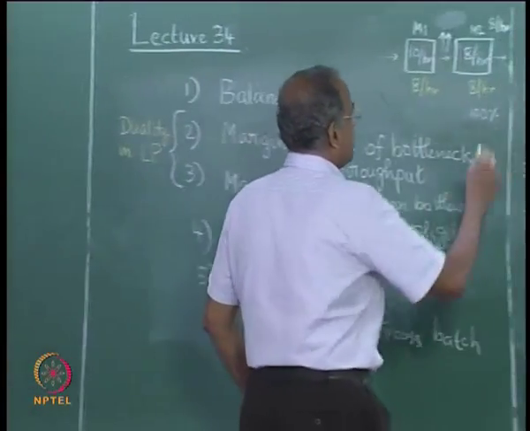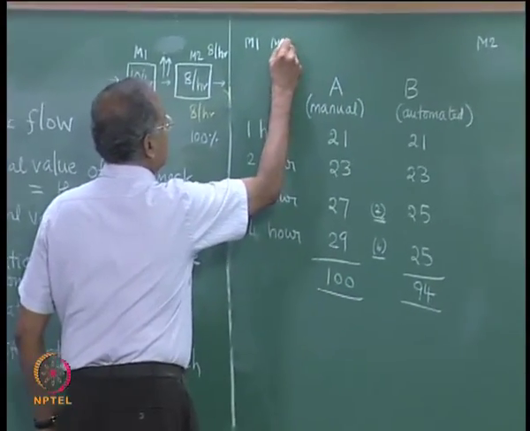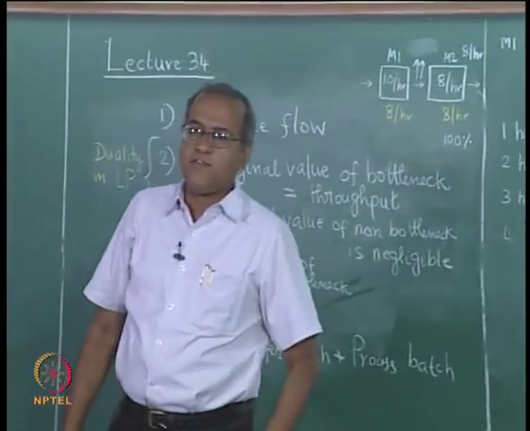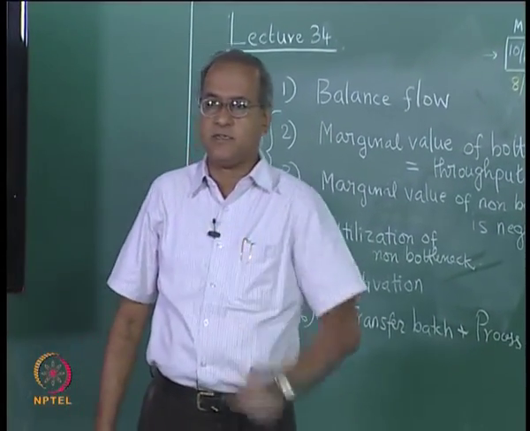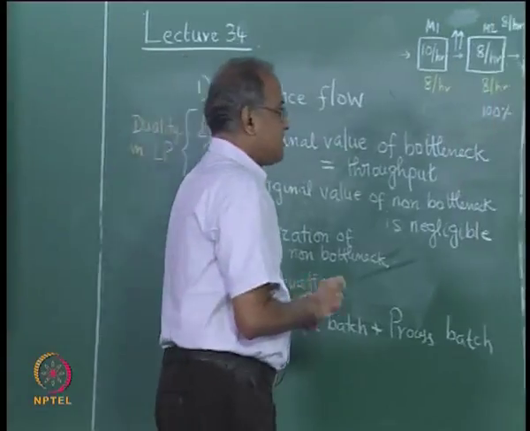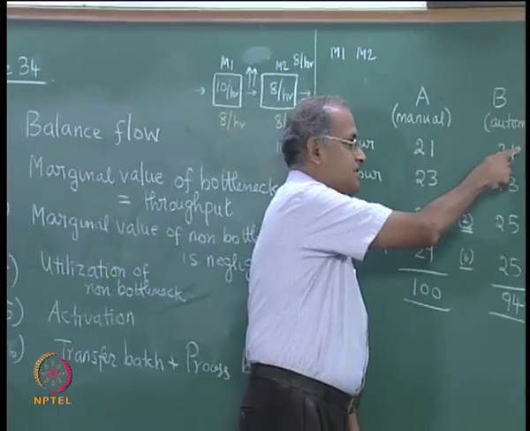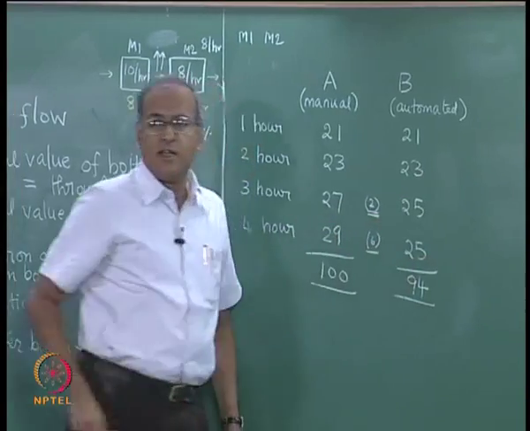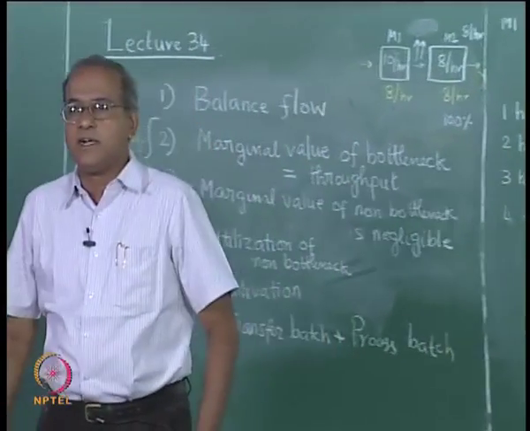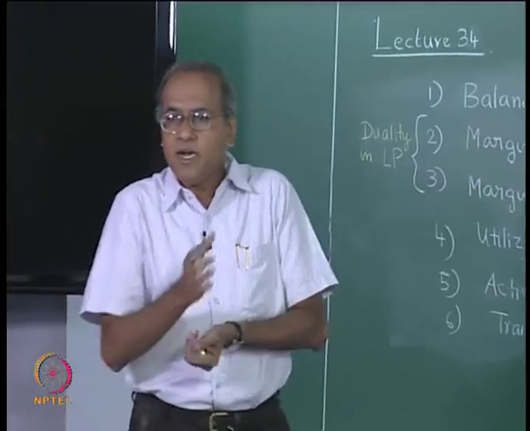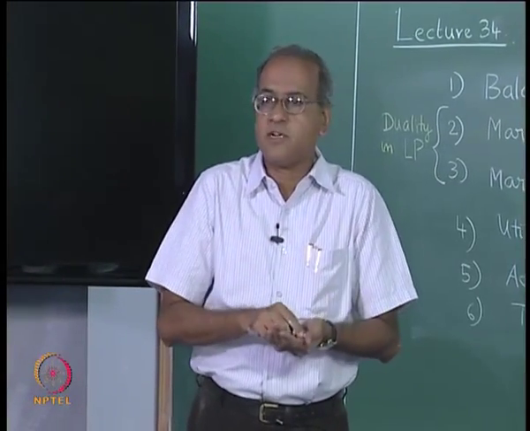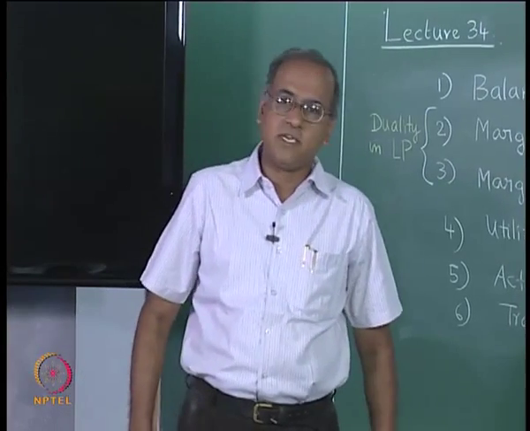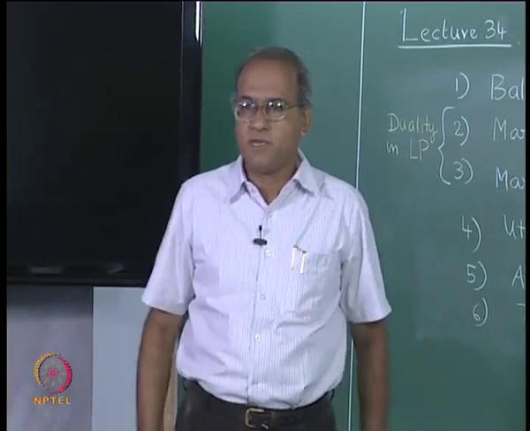Whereas, if these two machines are located close to each other and if we allow single piece transportation, then roughly this is done at the end of the first hour, this is done at the end of the first hour. So, first hour, second hour, third hour, fourth hour, in 4 hours plus something it is over. Now, keeping transfer batch equal to the production batch, one delays the time, particularly if machines are located away from each other.